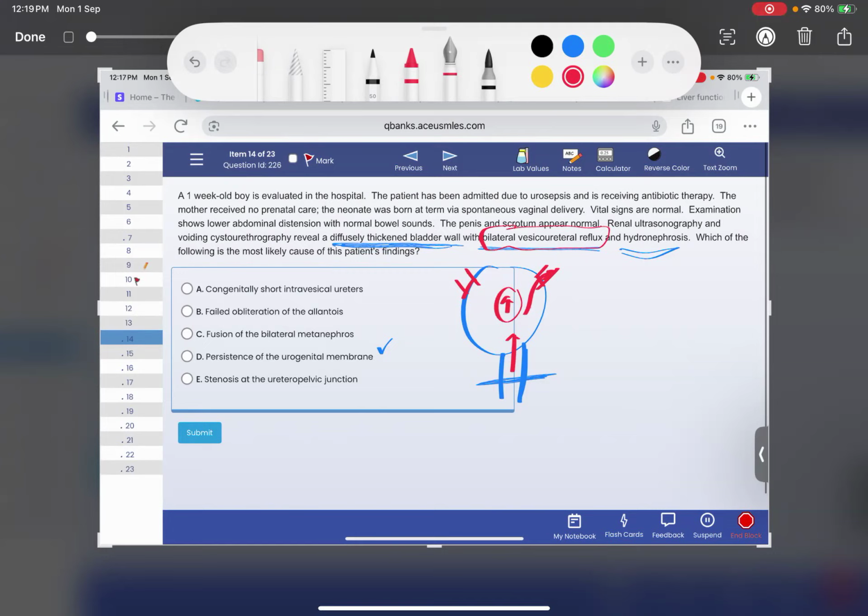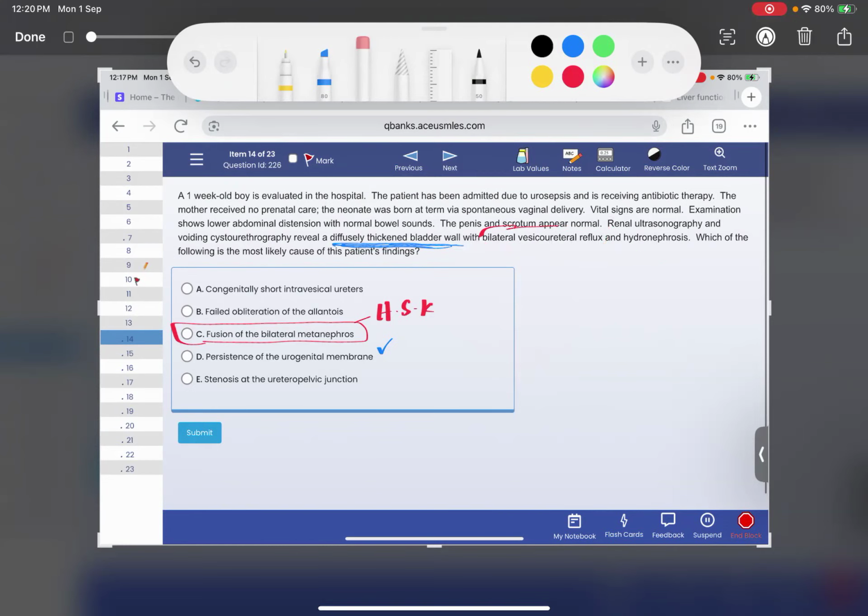What are the other options? Fusion of bilateral metanephros, horseshoe kidney, right? Guys, are you with me? Yes, doctor. What about failed obliteration of the allantois? It is the urachus.